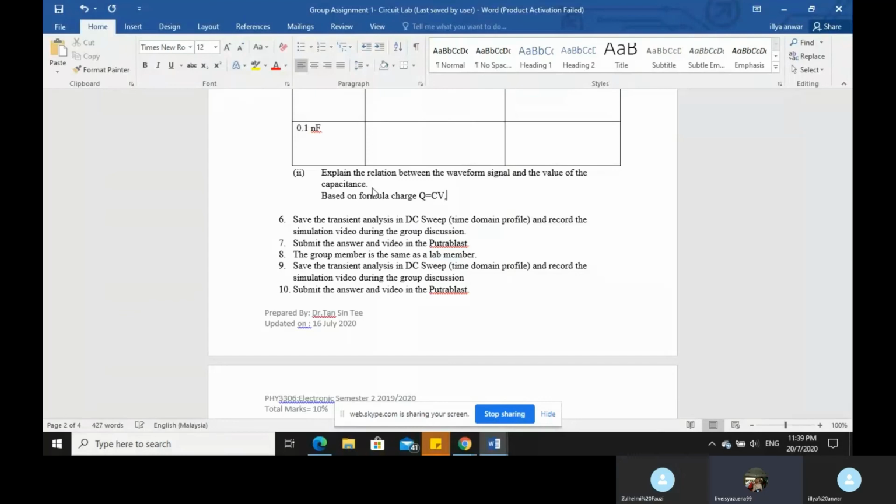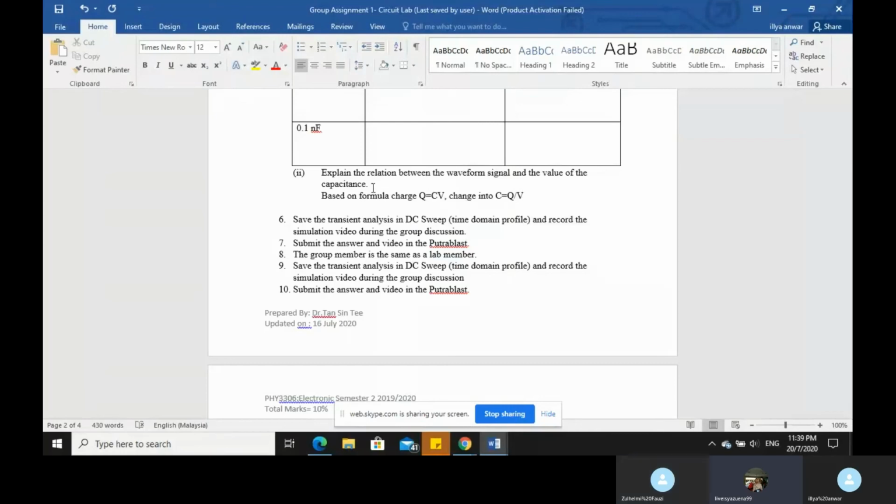We can rearrange this formula so capacitance equals Q over V. So when capacitance is increased, voltage decreases. So C is inversely proportional to V.